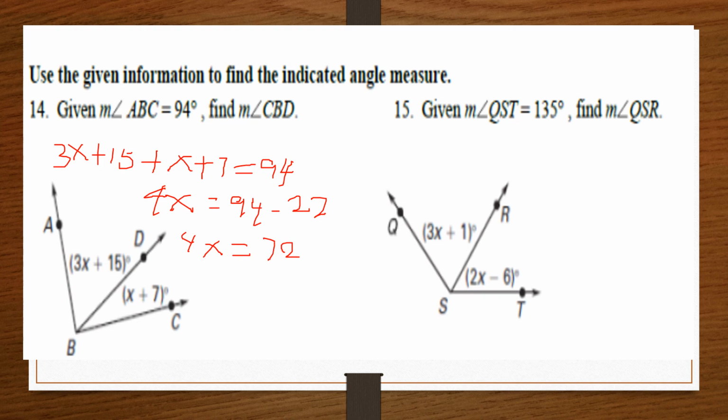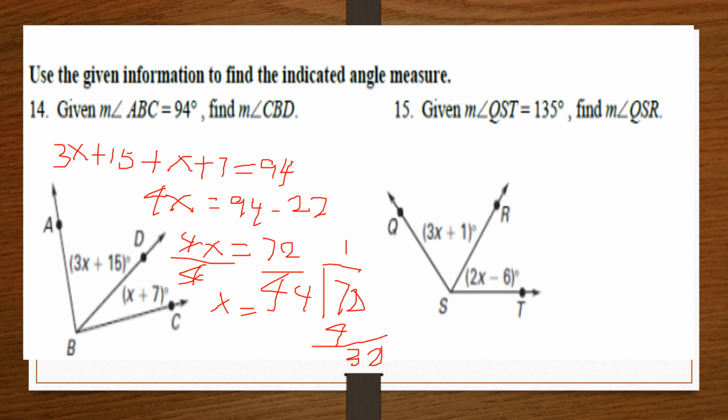So 4x is equal to 72, divided by 4. x is equal to 72 divided by 4, which is 18. So our answer is 18.